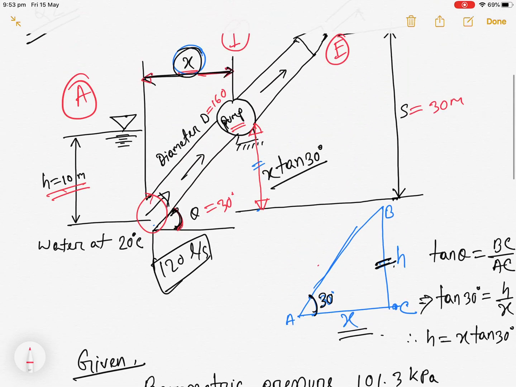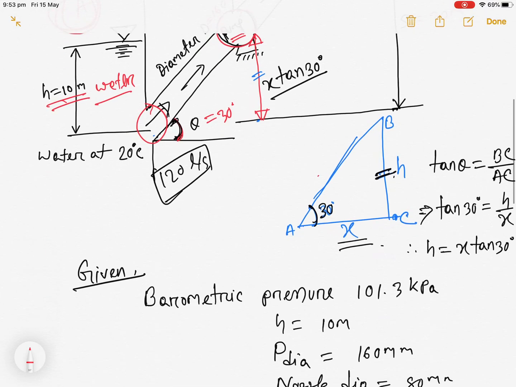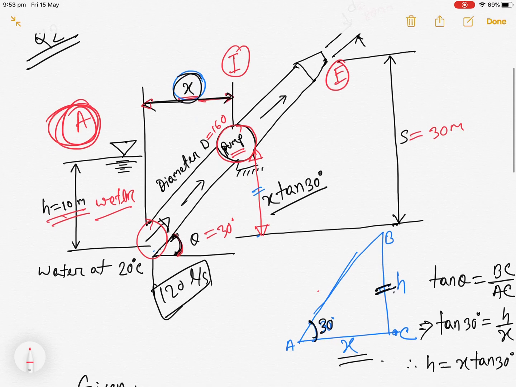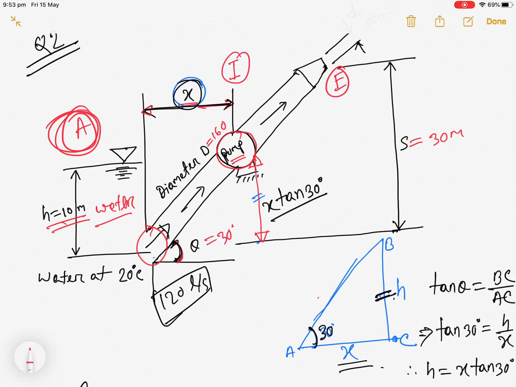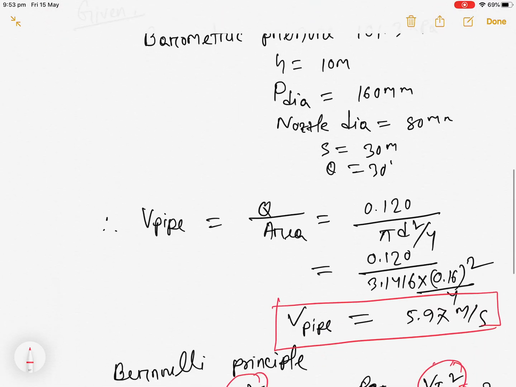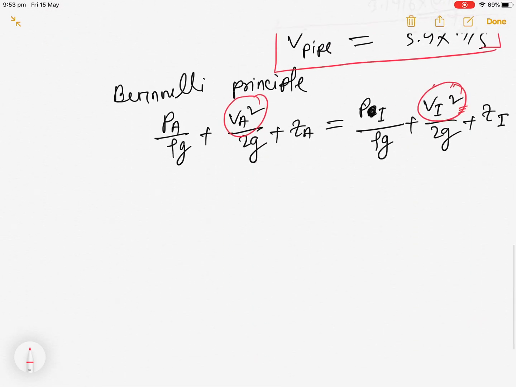Honestly speaking, it is the pump velocity Vi. Va is 0 because the water is at rest at this reservoir. So at this section the water velocity initially was 0, and the pump is just sucking that water. So the velocity we calculated is the velocity for this section, the pump, Vi, and Va will be 0 because the water is at rest at this reservoir.